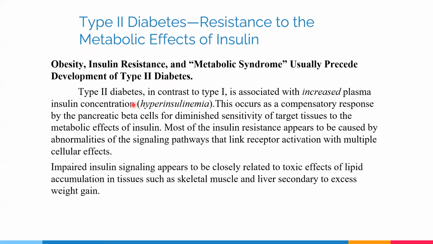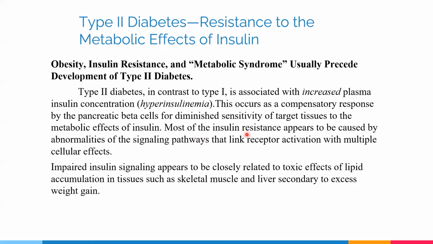Type 2 diabetes, in contrast to type 1, is associated with increased plasma insulin concentration, which is known as hyperinsulinemia. This occurs as a compensatory response by the pancreatic beta cells for diminished sensitivity of target tissues to metabolic effects of insulin.